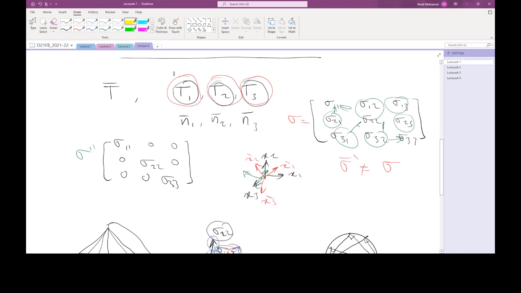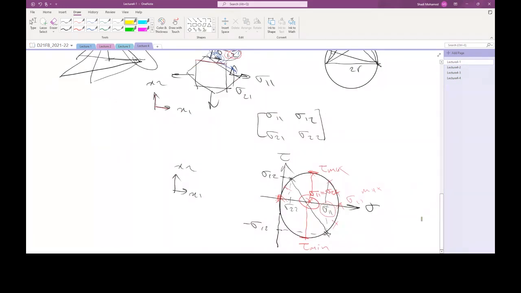We said the maximum normal stresses are going to be the eigenvalues. So we need to solve for the eigenvalues and their directions. So the value of the maximum normal stress and the direction where the maximum normal stress is going to happen. And then at the end, it is asking us to do the maximum shear stress, or the maximum possible shear stresses.